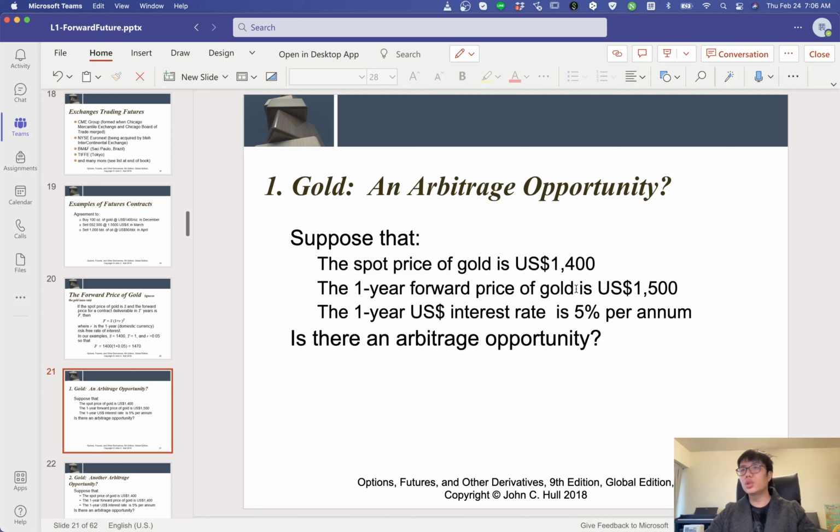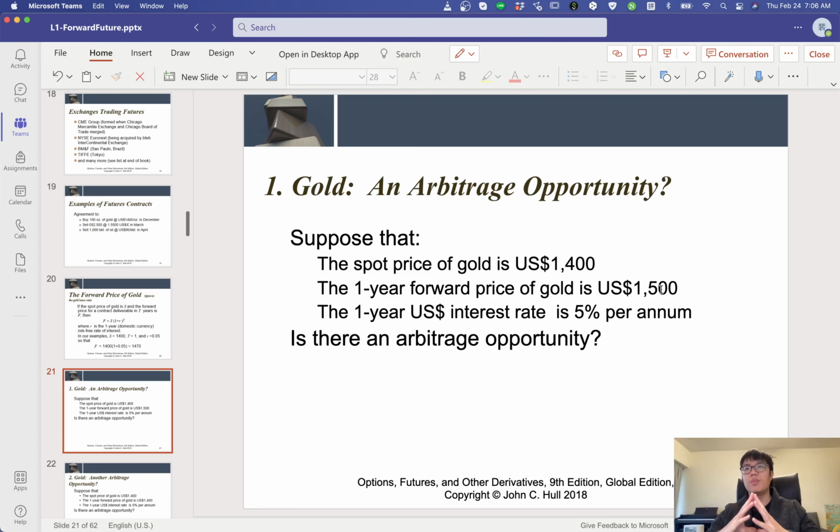So totally, 1 year later, you need to pay the bank $1,470, and you still have $30 profit. So what is this $30? That is an arbitrage profit, and that is exactly the same as the difference between the forward price in the market, 1,500, and the theoretical value in the previous slide. That is the key thing to remember, right?